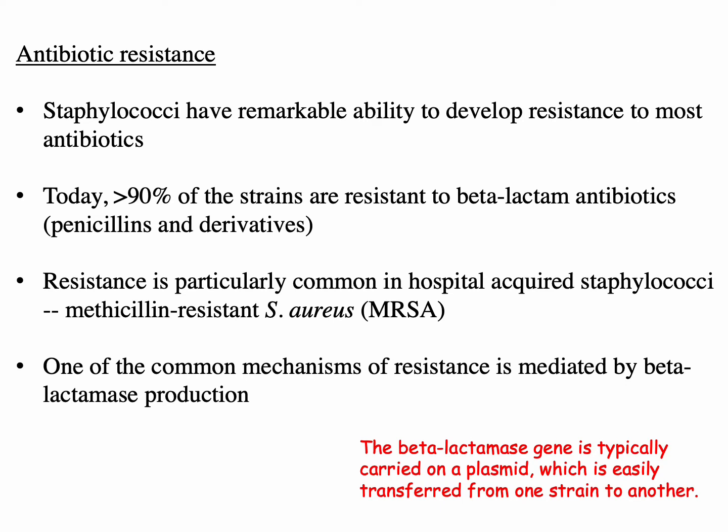So that helps the spread of the resistance. That's probably one of the common mechanisms of resistance. There are other mechanisms of resistance to beta-lactam antibiotics, but this is one of the most common, by the spread of the plasmid carrying the beta-lactamase gene from one strain to another strain.